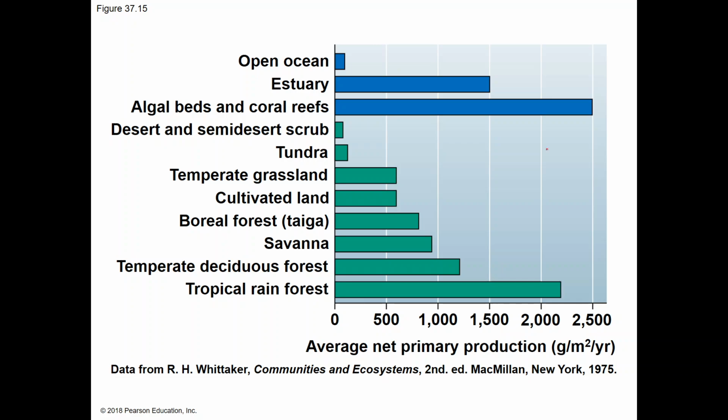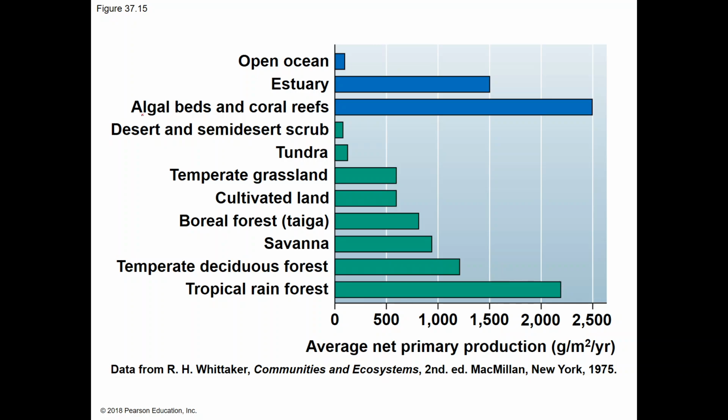As you can see, there are some, like tropical rainforests, that are some of the largest producers of organic matter on the planet. So you've probably heard in the news that we need to save our rainforests. And it's really true. These are really where we get so much of our energy material for the biotic world.